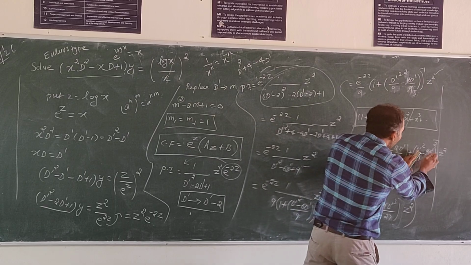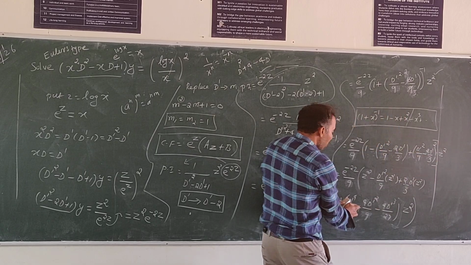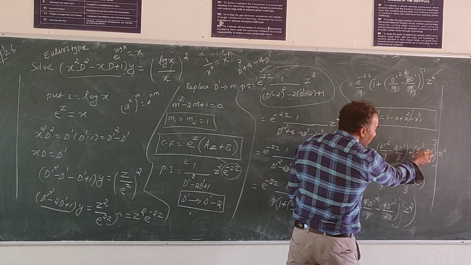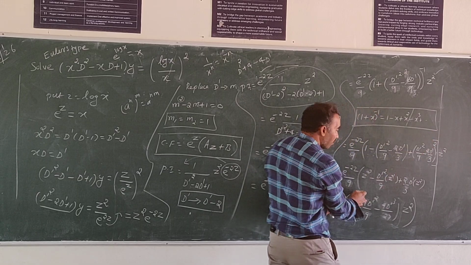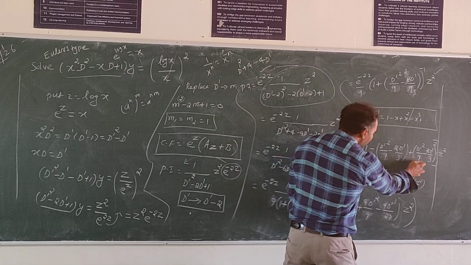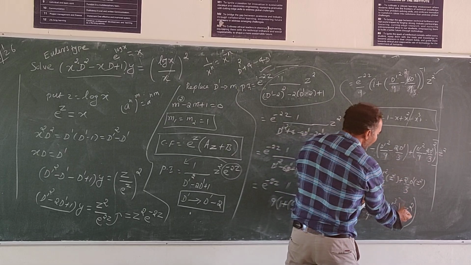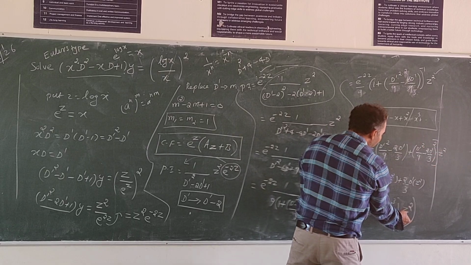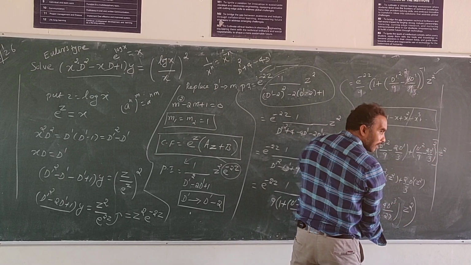Next, this is the (a minus b) whole square formula, so use that formula: a square, so D' squared, so D' power 4 divided by 9 squared, 81. Like that we have to expand the rest of the terms. In the next step we have to multiply z squared inside the bracket.